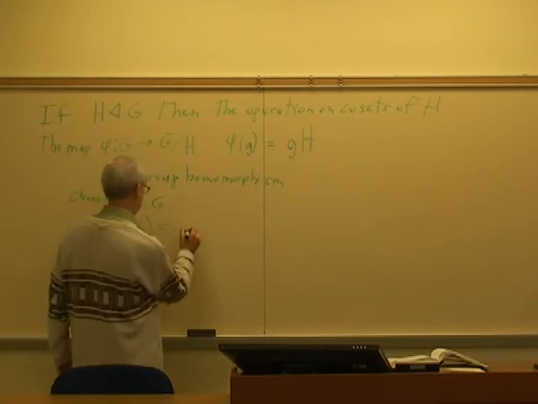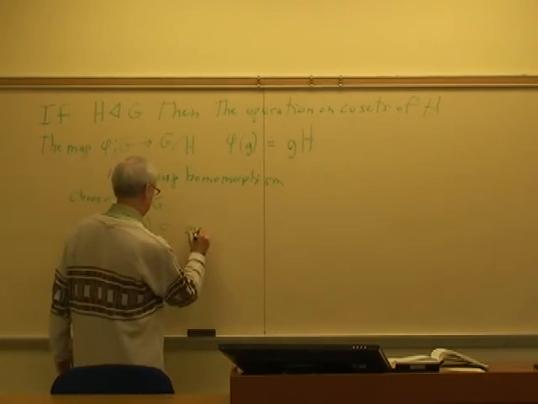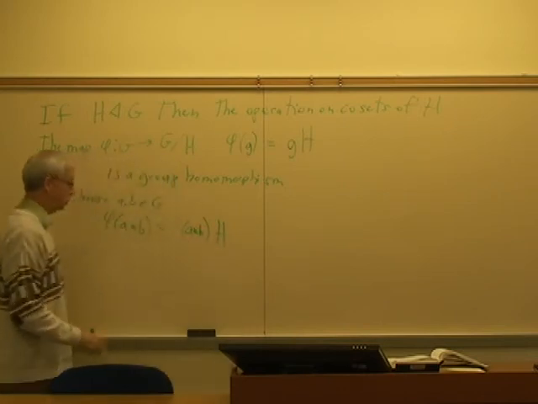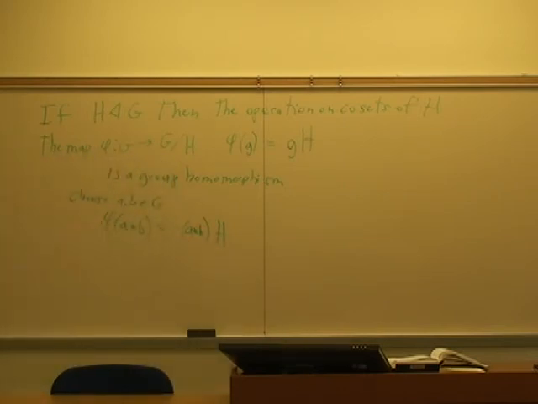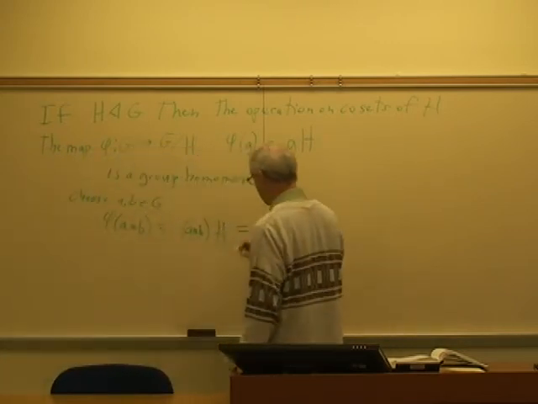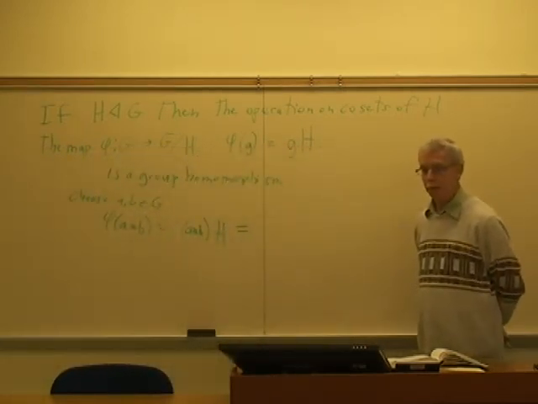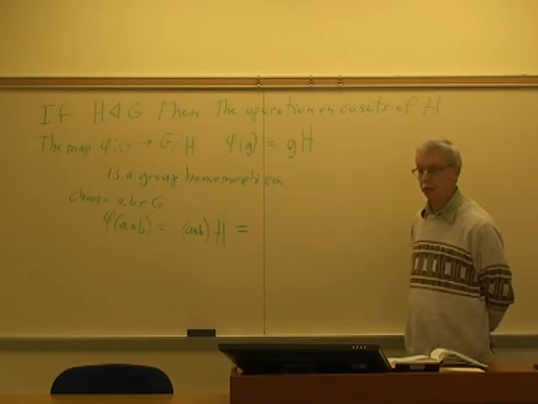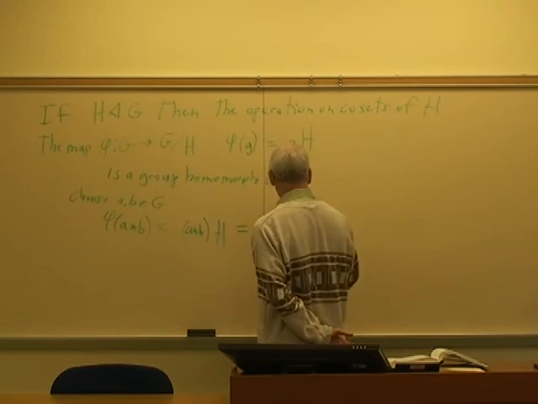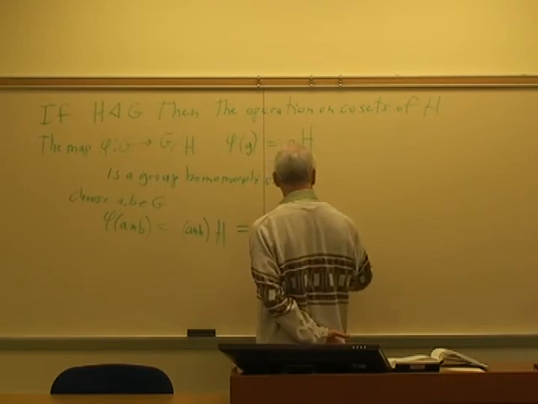Well, it's equal to a star b H. But by the definition of operations on cosets, what is that equal to? Our very definition of the arithmetic of cosets: aH star bH.